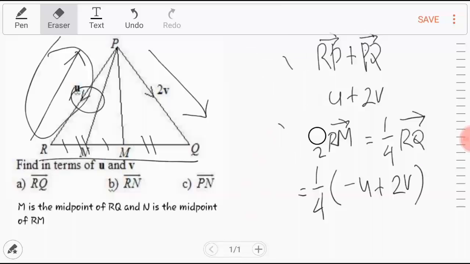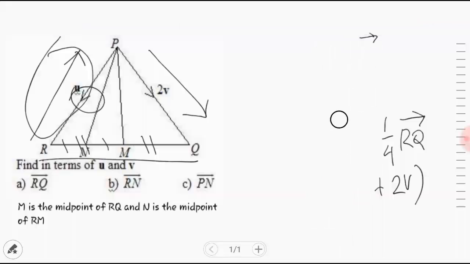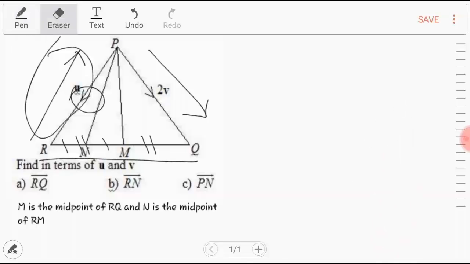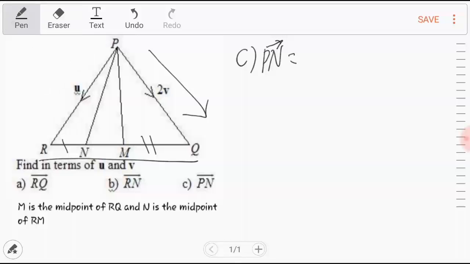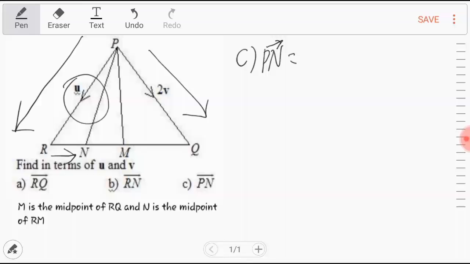Then, next, last problem. How to find PN? To find PN, we have to go to PR, and then we have to go to RN. Now it has the same direction, so it's positive. PR plus RN.